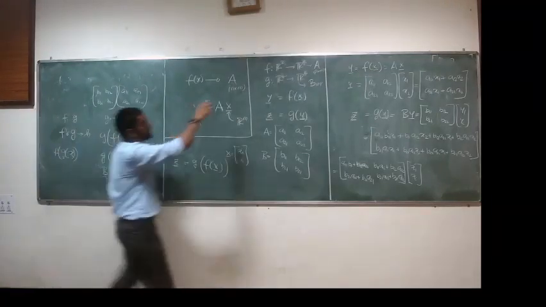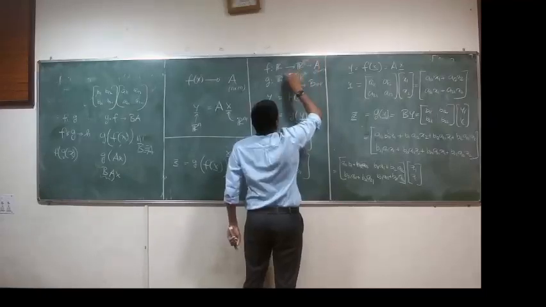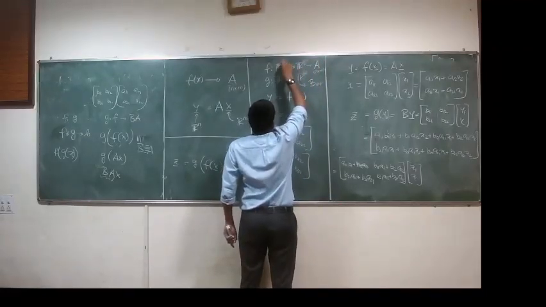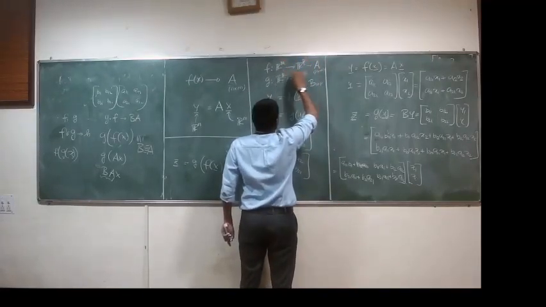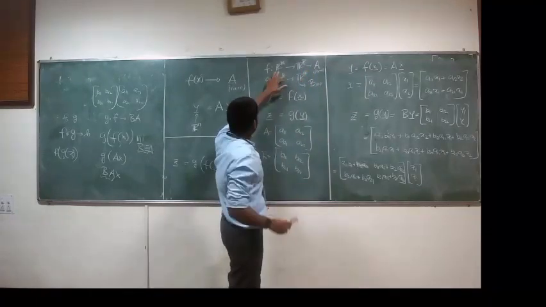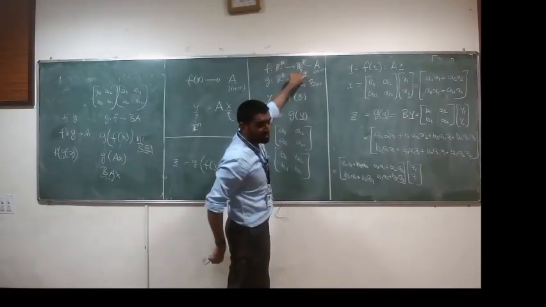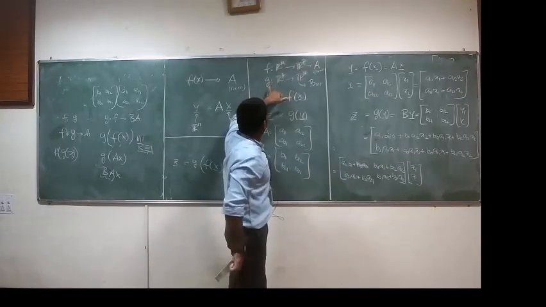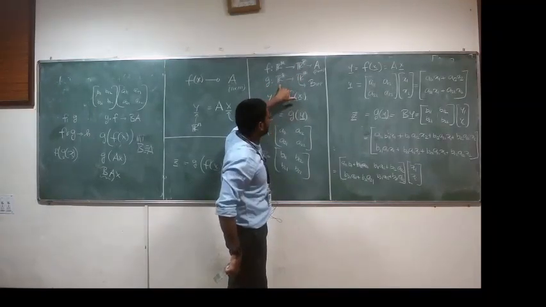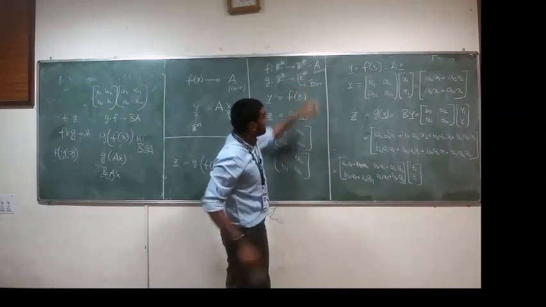Okay. So when we had the general case here, F takes R^m and spits out something in the p-dimensional space. G takes something from the p-dimensional space and spits out something in the n-dimensional space.